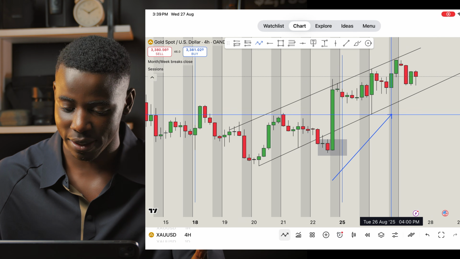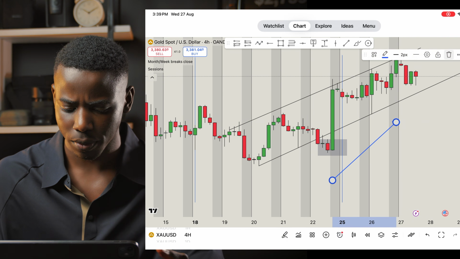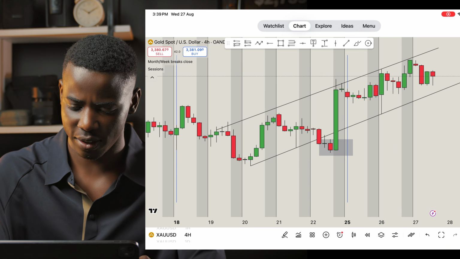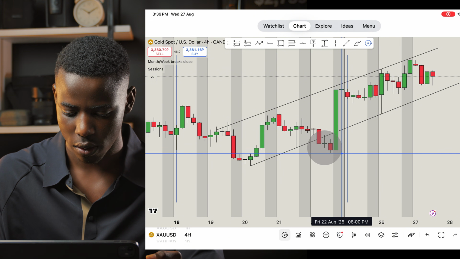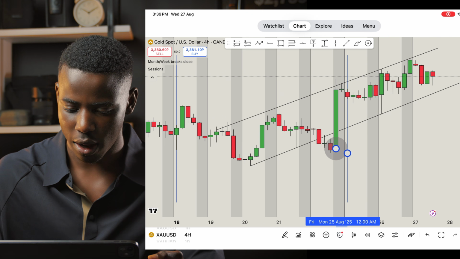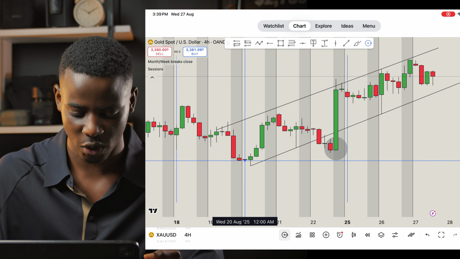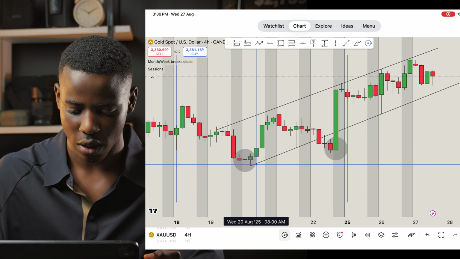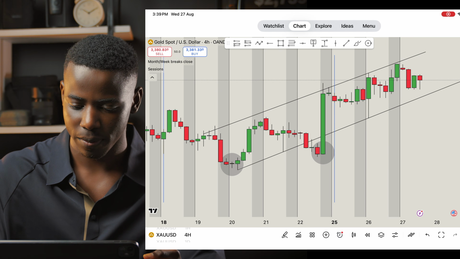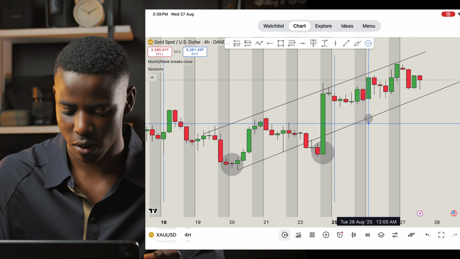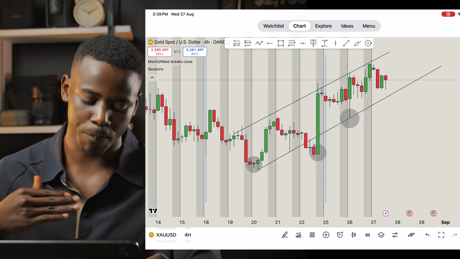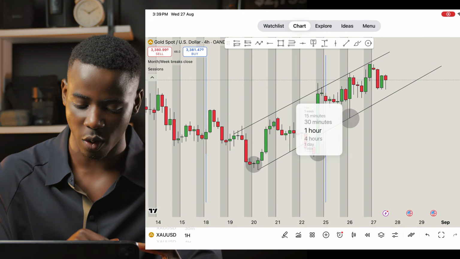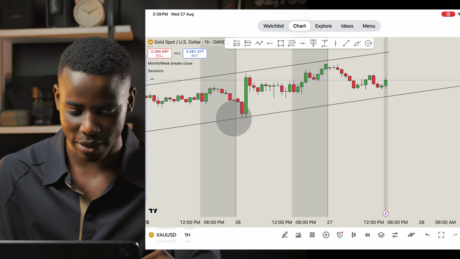I like taking it as, let's say, this is the head, this is the left shoulder, and this is the right shoulder right there, which means this is an inverted head and shoulder pattern. I'll go to 1H where you can see it very well.